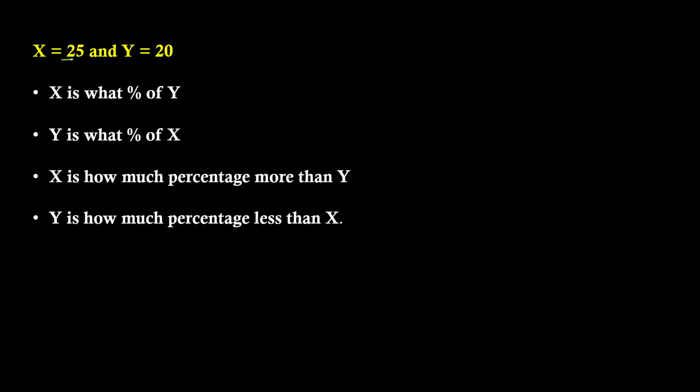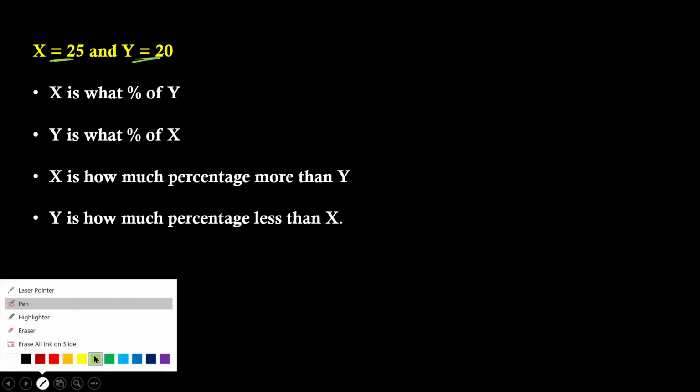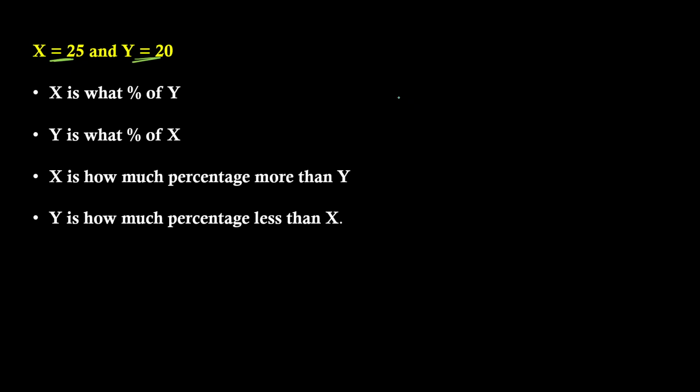If x is equal to 25 and y is equal to 20, x is what percentage of y? How do we calculate this? Let's understand this. The maximum value of percentage.